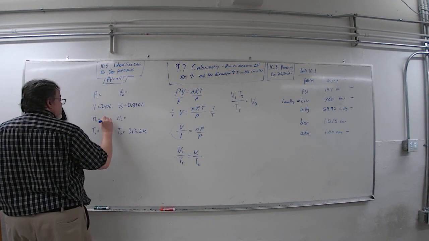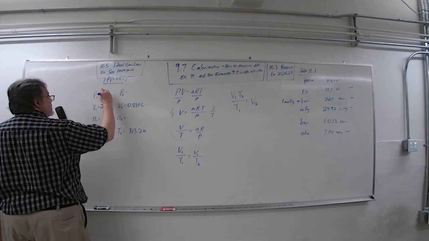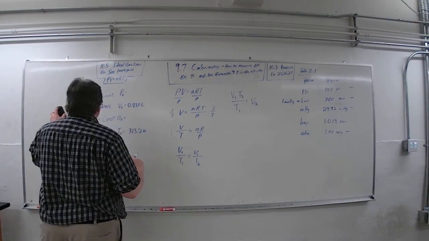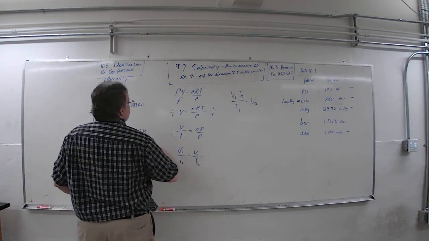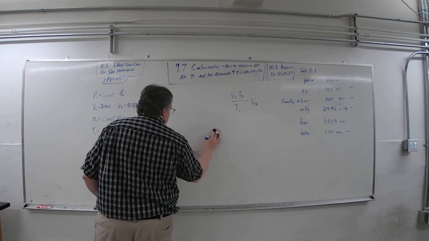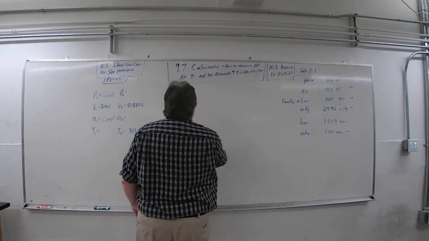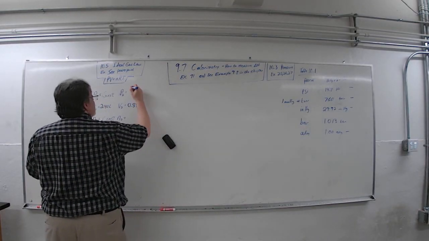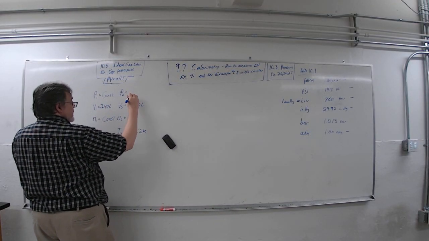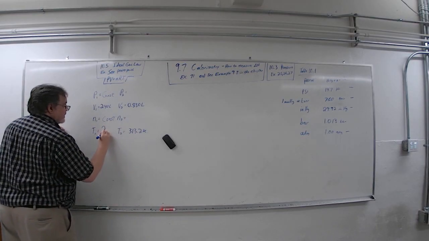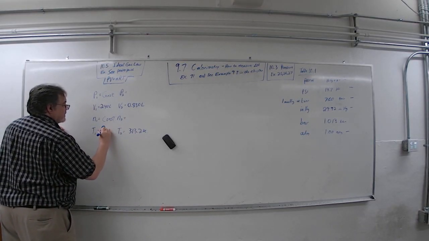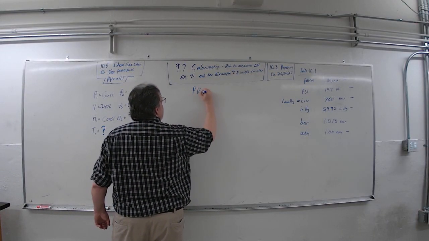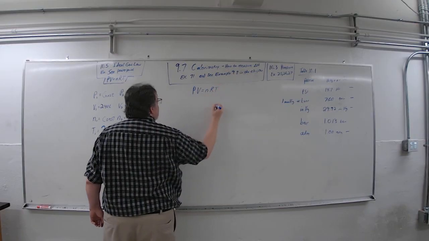Moles was not mentioned. It's constant. Pressure was constant. So we're not going to deal with those two. It's just volume and temperature again. Let me do the algebra again. So once you identify these things, and you know what you're looking for, it's this that we're looking for, initial temperature. Start with PV equals nRT.